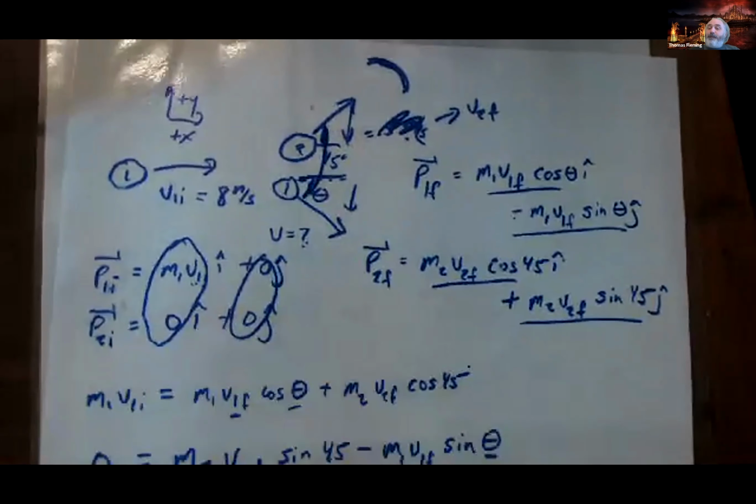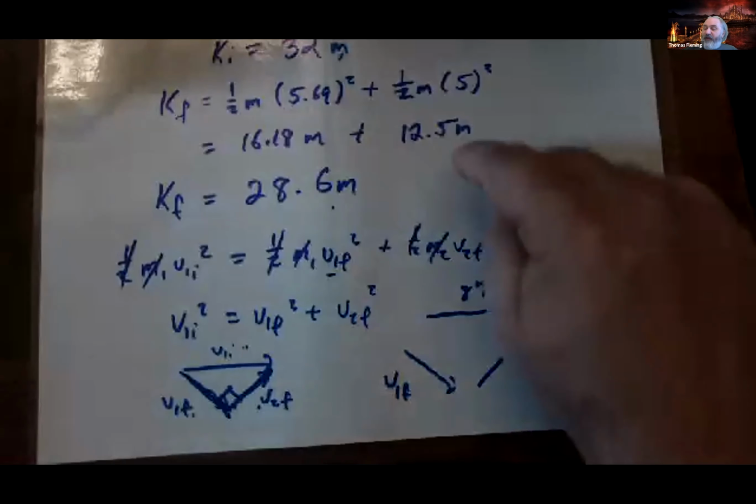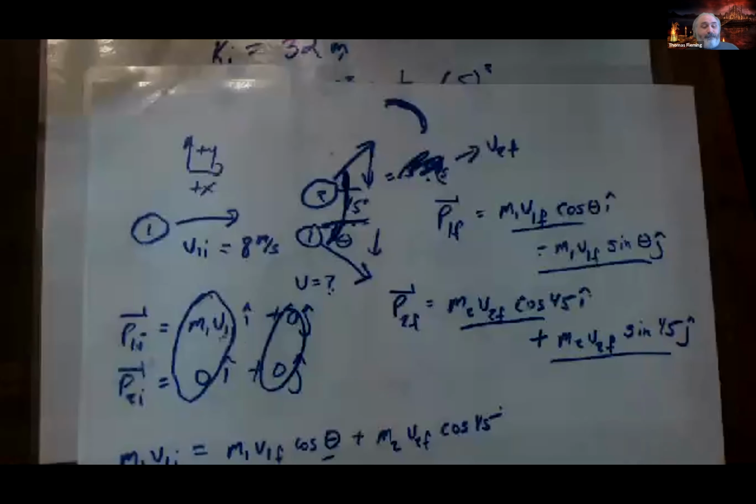I'd get a different answer, but I could utilize this energy conservation requirement to fill in one of my blanks. So it's a nifty little trick that you should probably remember: if I have two objects of equal mass bounce off of each other in this fashion, they will always fly apart at a 90-degree angle.